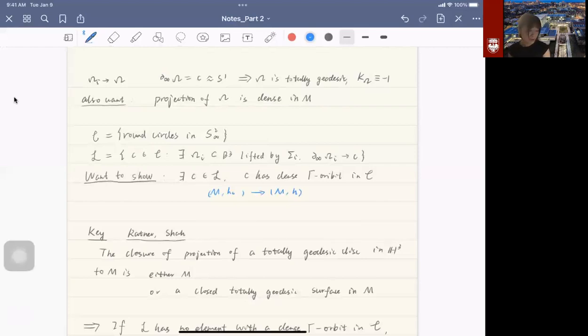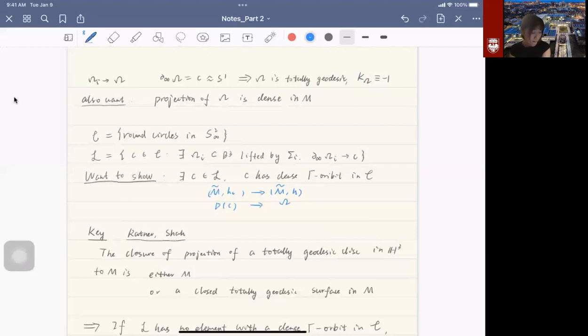So it also takes totally geodesic disks to totally geodesic disks, if we consider the universal cover. So we have this totally geodesic disk bounded by round circle C that maps to omega.